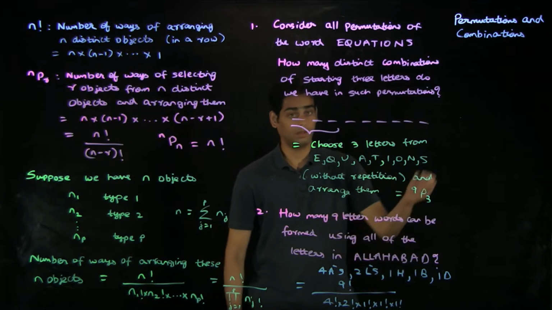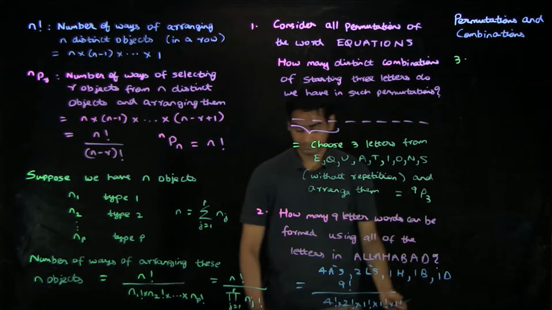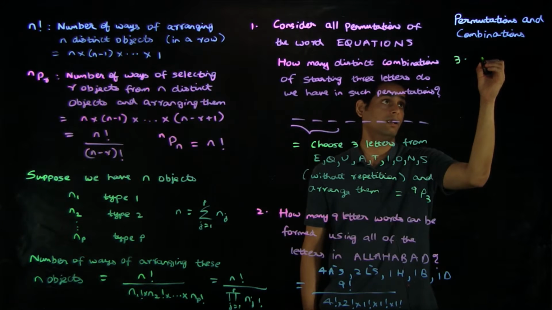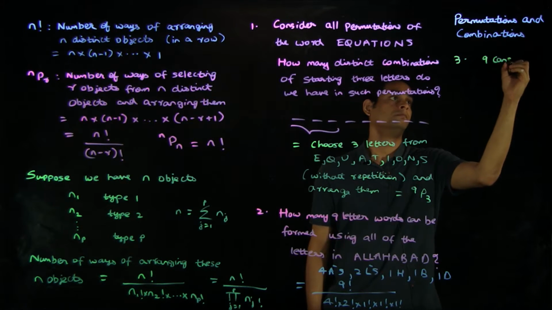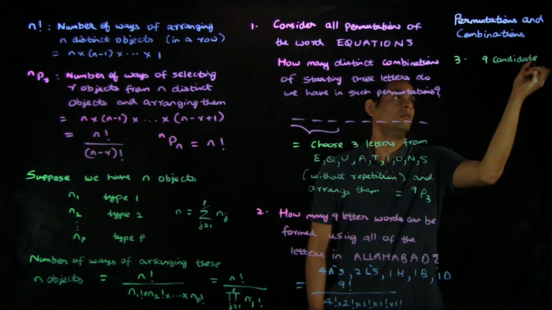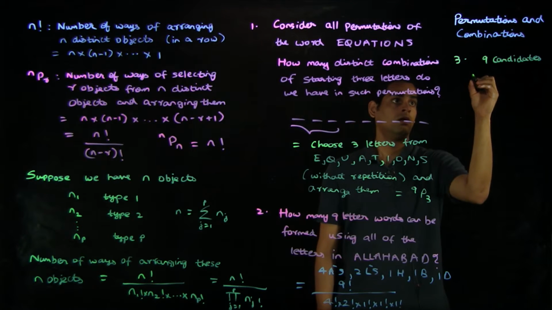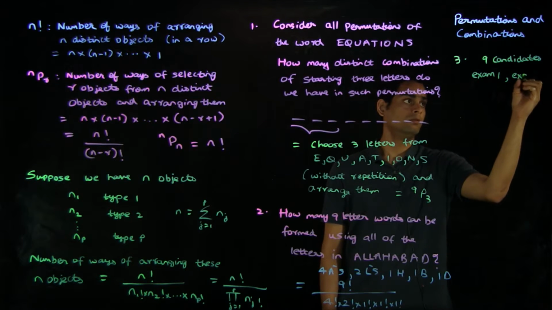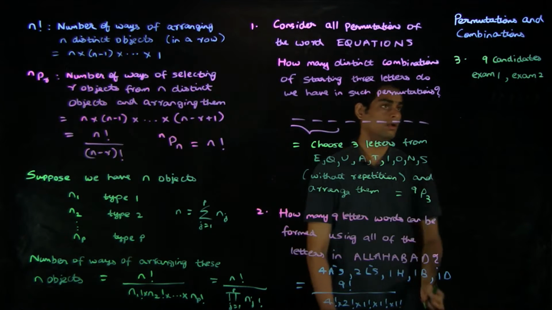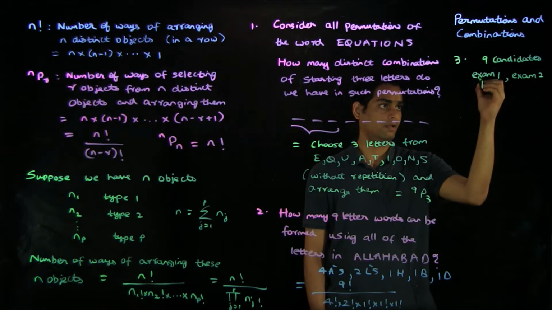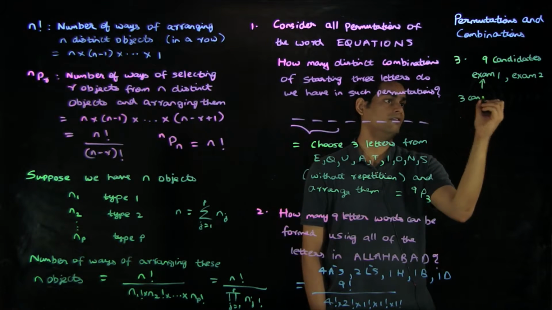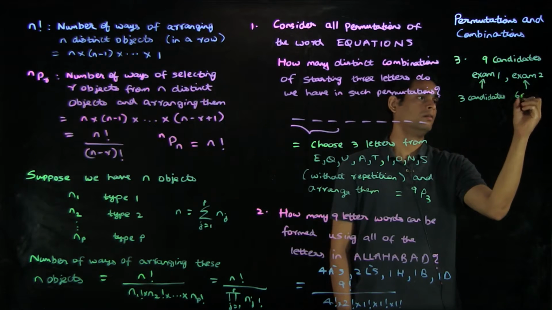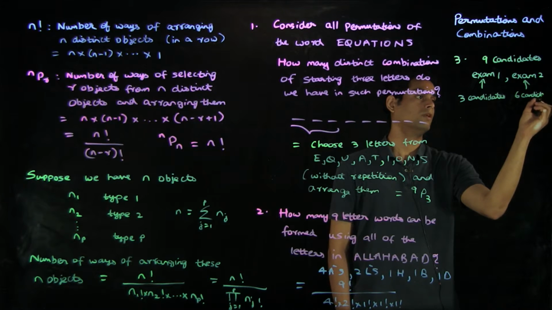So let's look at a third example. This example states that there are 9 candidates who are writing 2 different exams, exam 1 and exam 2, and the 3 candidates who are writing exam 1, and there are 6 candidates who are writing exam 2.